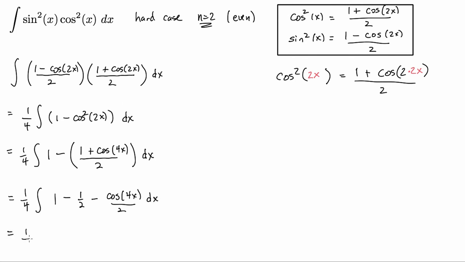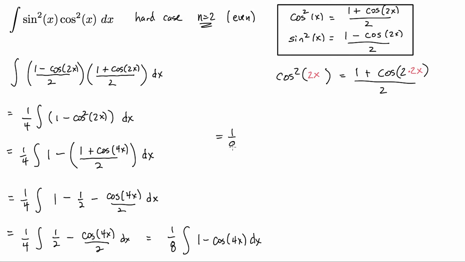And one more here. 1/4, 1 minus 1/2 is 1/2, minus cosine of 4x over 2. Both terms share a factor of 2, so I'm going to go ahead and bring that out. So it's now 1/8, 1 minus the cosine of 4x. Now, at this point, we can actually do the integration step.